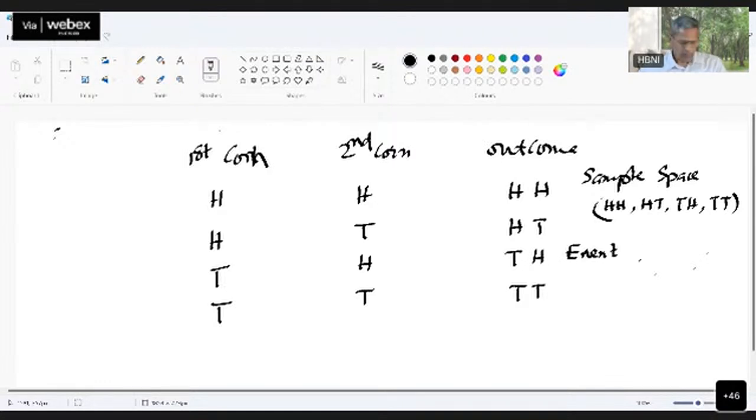Suppose you don't differentiate between TH or HT, then you have HH, HT or TH, and TT. So then I can write the frequency 1, 2, 1.